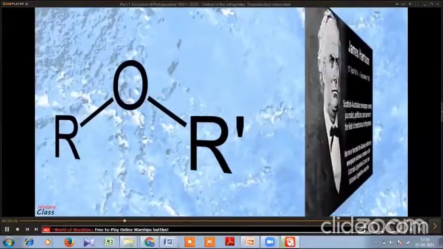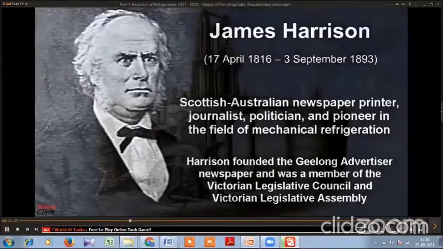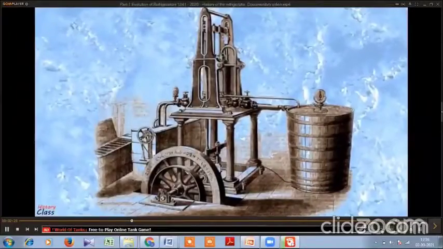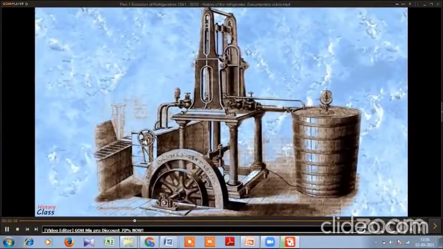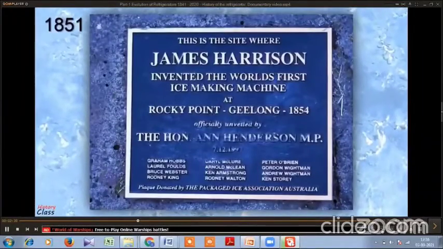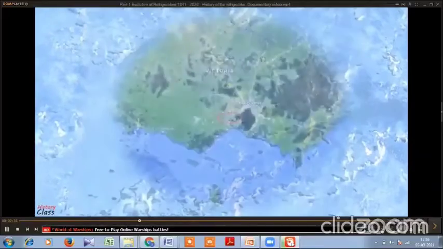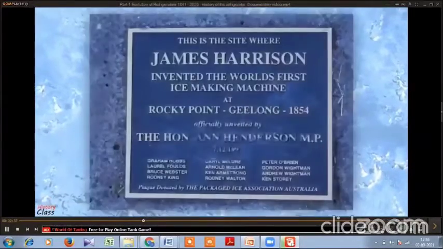James Harrison, a Scottish Australian, built the first practical vapor compression refrigeration system. His 1856 patent was for a vapor compression system using ether, alcohol, and ammonia. He built a mechanical ice making machine in 1851 on the banks of the Barwon River at Rocky Point, Geelong, Victoria, and his first commercial ice making machine followed.